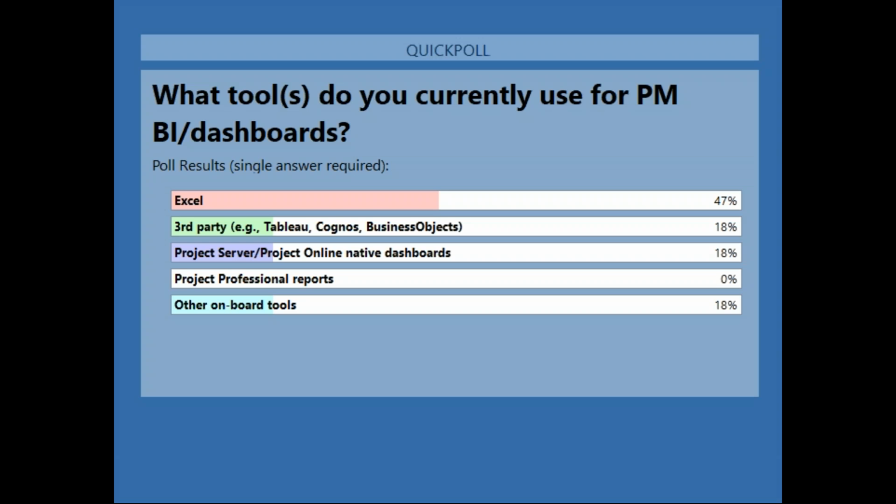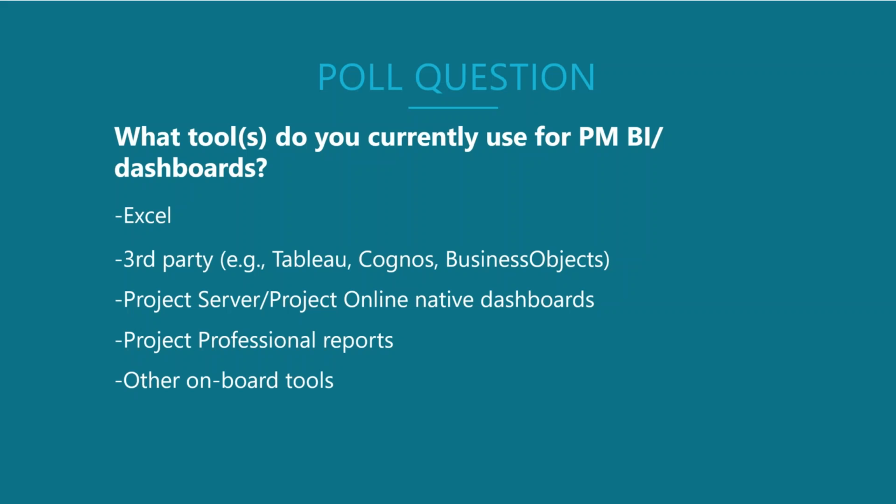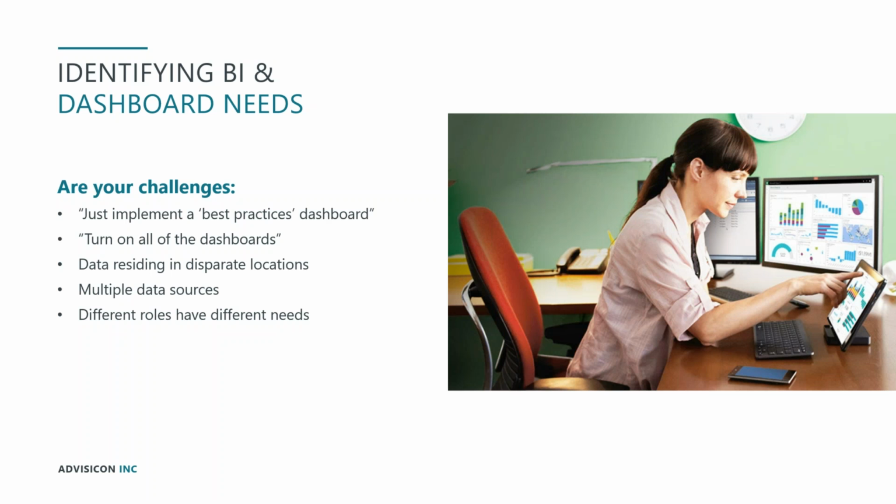So certainly the opportunity to get them comfortable with a particular tool allows you to more effectively communicate your project-related information. Let's move on back into the PowerPoint and take a look at our next topic.